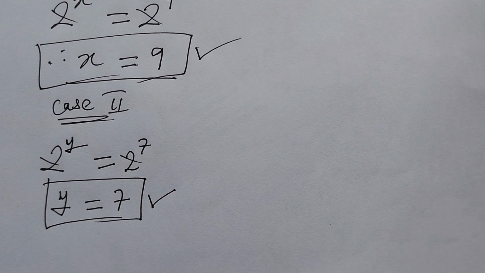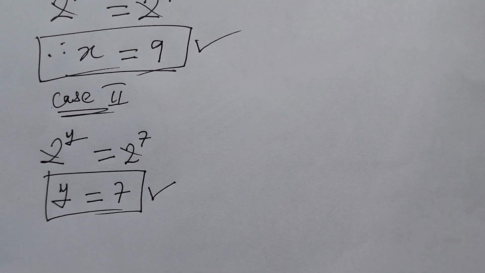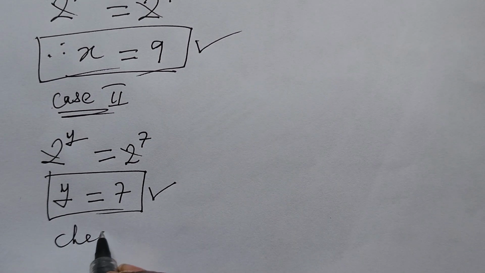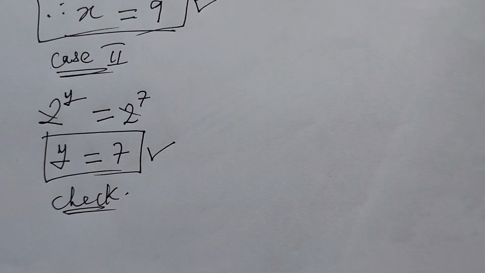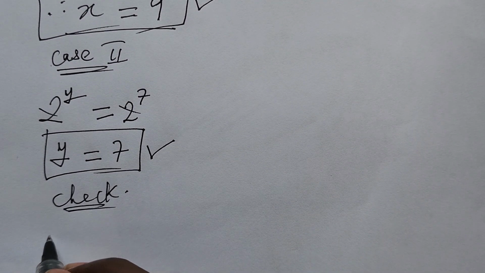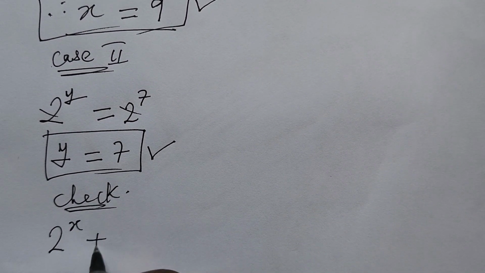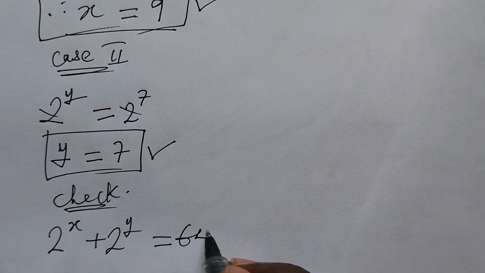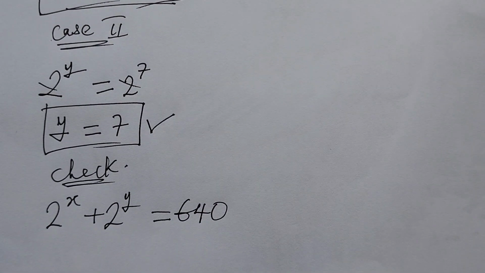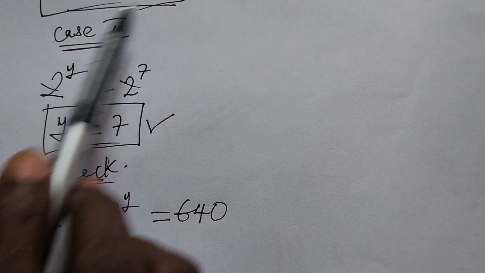So we want to do a simple check if this actually satisfies the original equation. So from our check, we have the equation 2 to the power of x plus 2 to the power of y is equal to 640. So what is our x? Look at our x, 9 here.